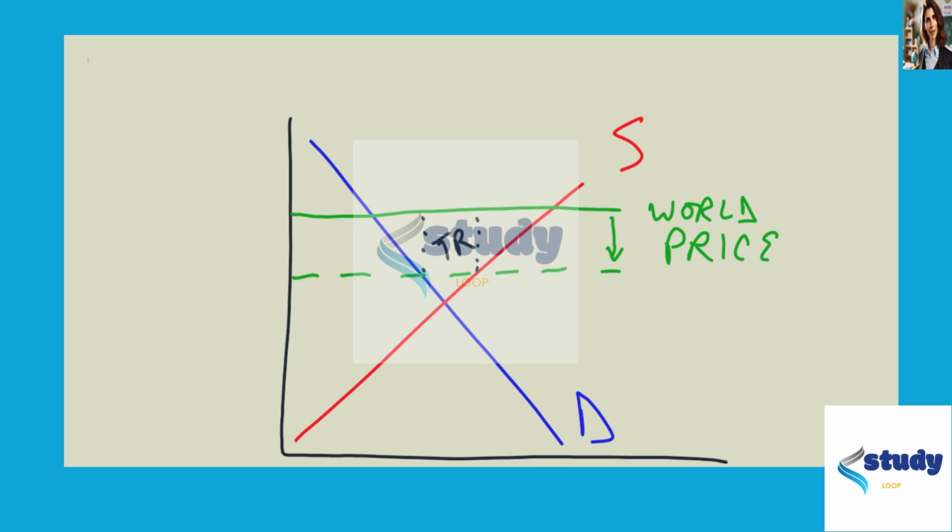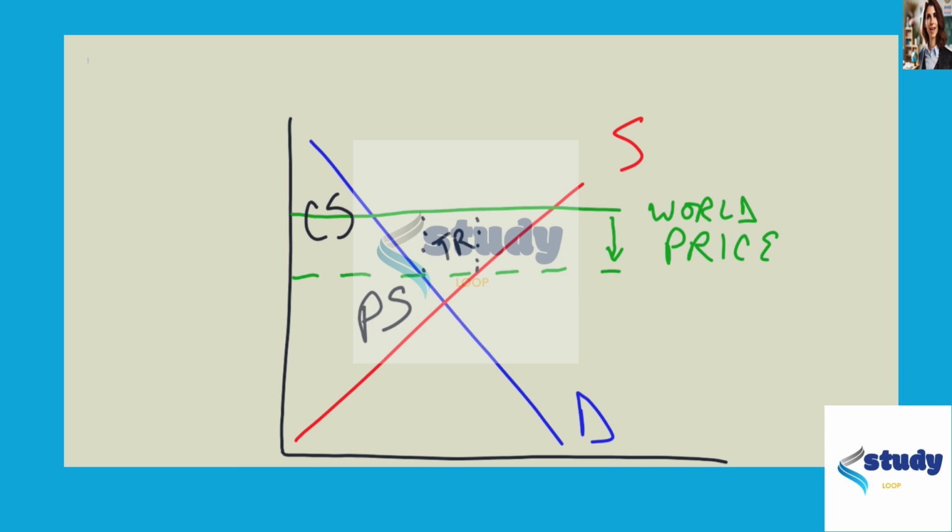Okay. Now, the consumer surplus is going to grow pretty substantially. It's going to more than double. So now it's everything above the green dash and to the left of the demand curve. The producer surplus, on the other hand, has shrunk. It includes everything below the dashed green line and to the left of the supply curve.